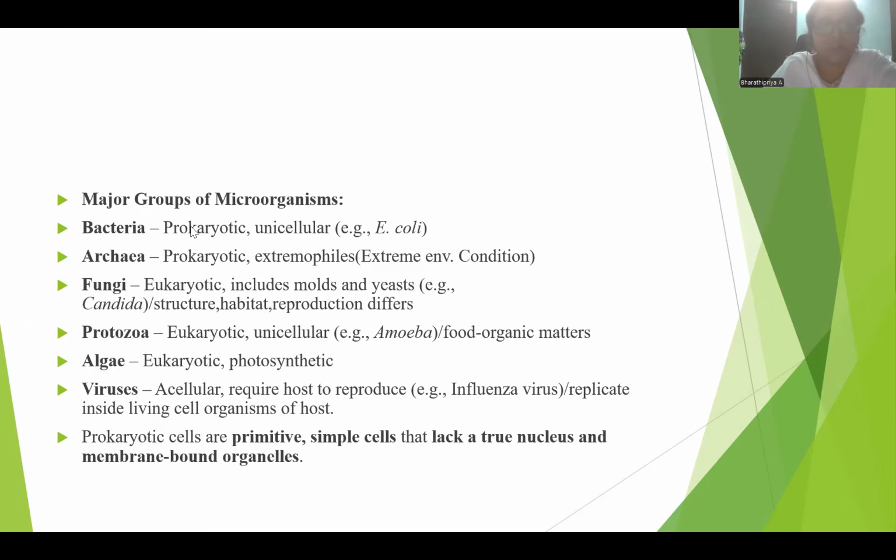Bacteria are prokaryotic and unicellular. Prokaryotic means it does not have a true nucleus and membrane-bound organelles, whereas eukaryotic has a true nucleus and membrane-bound organelles. Unicellular means a single cell with a proper cellular structure.